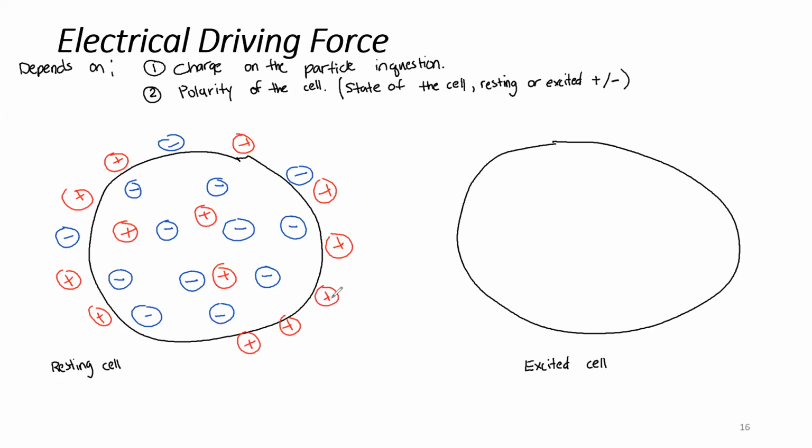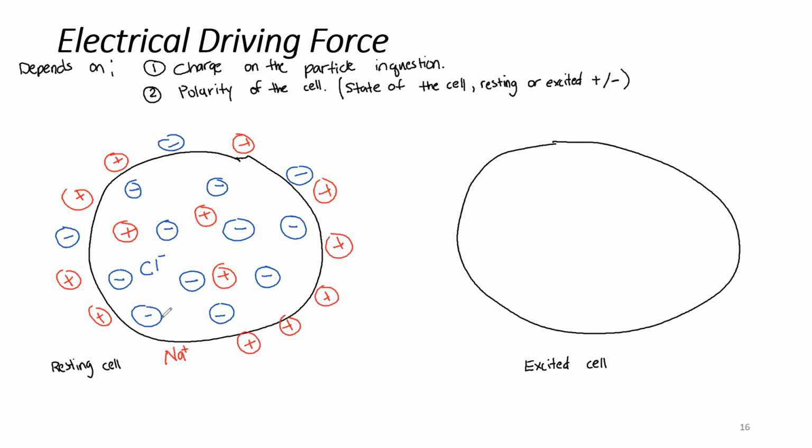And we can actually think of this as being an abundance or an excess of our cations. So we have an abundance of sodium, right? Sodium is a cation, it's positively charged, outside the cell. And then we can also think of this as there being an abundance of anions, let's say chloride, for example, inside the cell.